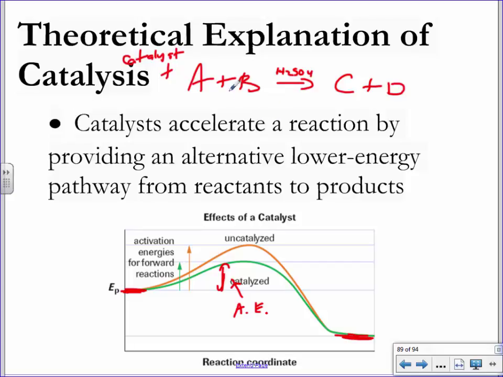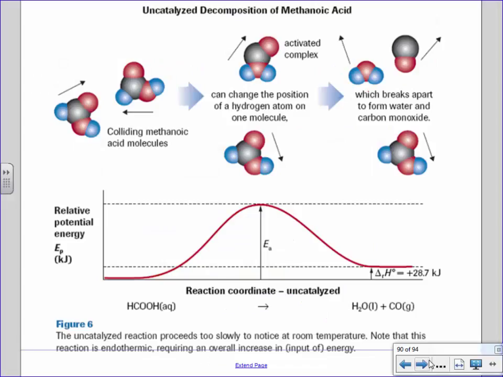A true catalyst is a reactant, but you'll also end up with it as a product. So whatever you start with, you'll also end with. And so there's no point in writing it on both sides, so we usually write it on top of the arrow. Does this make any sense so far? It's really challenging because it helps if you have a little bit of biology background, because then you'll see that catalysts are used in a lot of enzyme reactions.